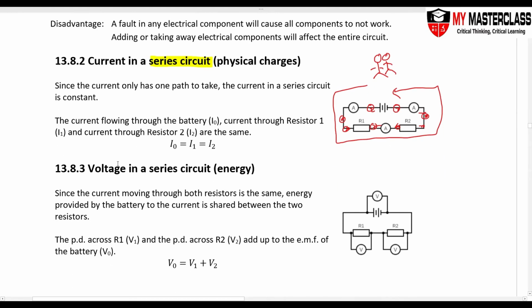Next, voltage in a series circuit. Voltage, you can take it to be something like these people having to run an errand, right? They have to spend money. So these two people run around the circuit. As they pass the first component, the component is something like a shopping center.